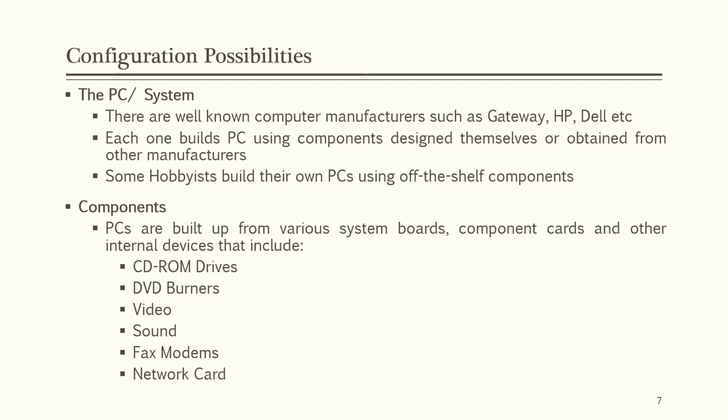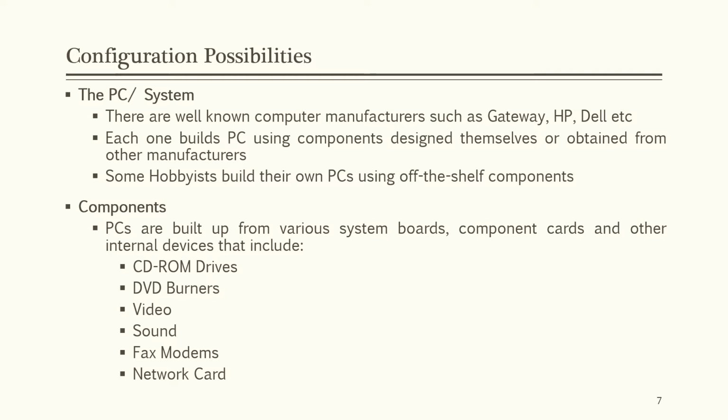First configuration possibility is the PC or system. There are well-known computer manufacturers such as Gateway, HP, Dell, etc. Each one builds PCs using components designed by themselves or obtained from other manufacturers. Some components are built by the manufacturer brands themselves while others are purchased from other manufacturers.